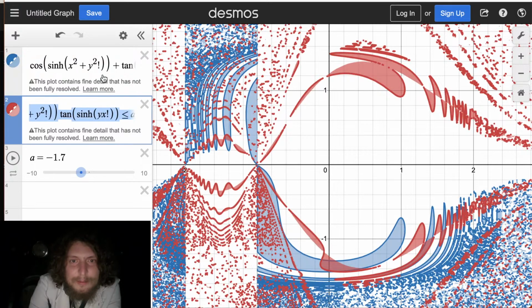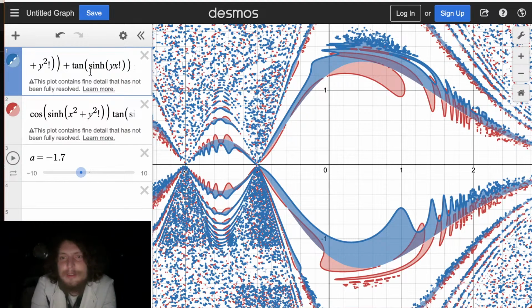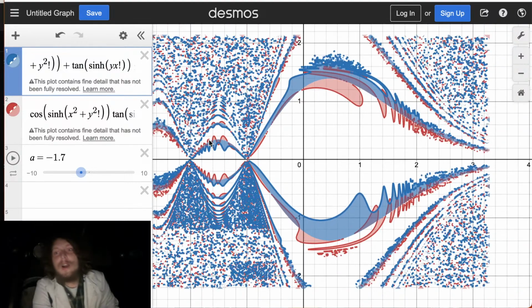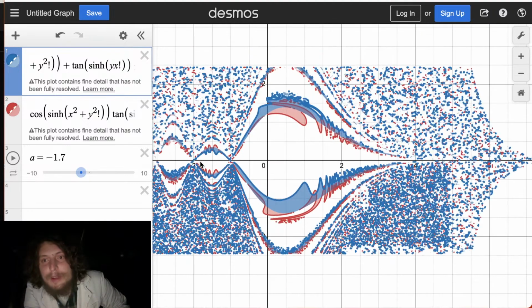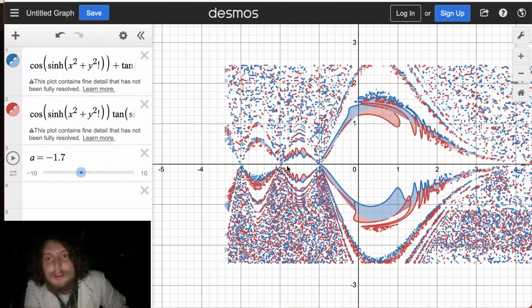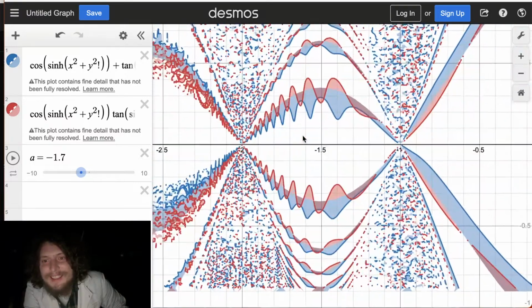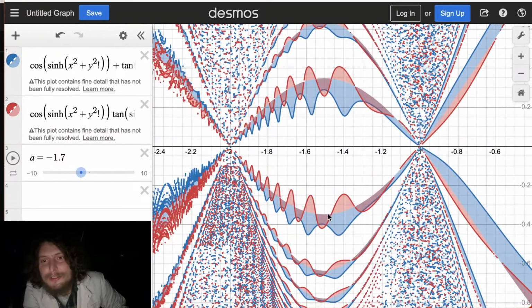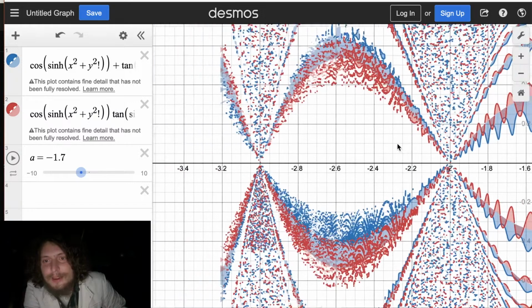Tan hyperbolic sine. I'm trying to match them a bit so they go on similar paths. Now, okay, we've broken free from the circle and the play button, even though we have the factorial in there. Now we have this interesting thing going on where these ones form like a mix of a mouth and an eye.